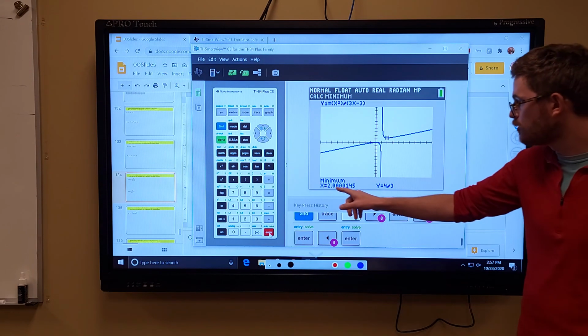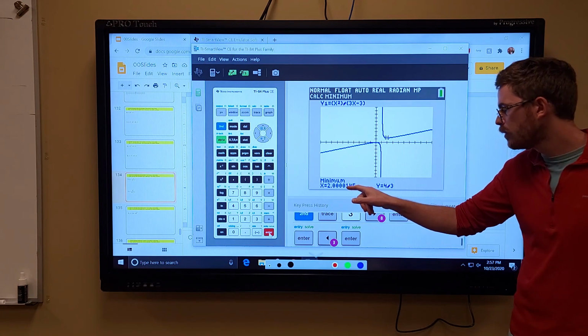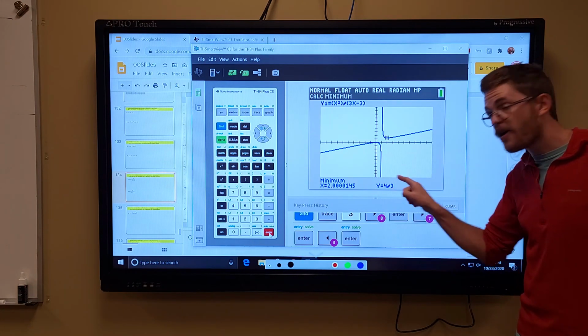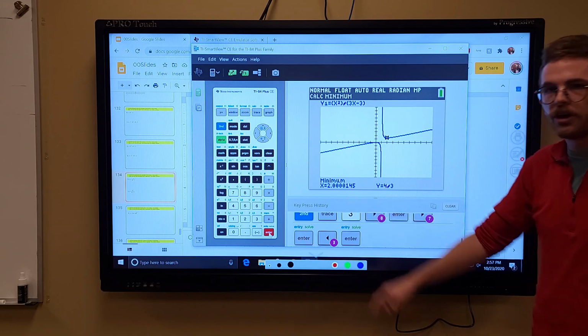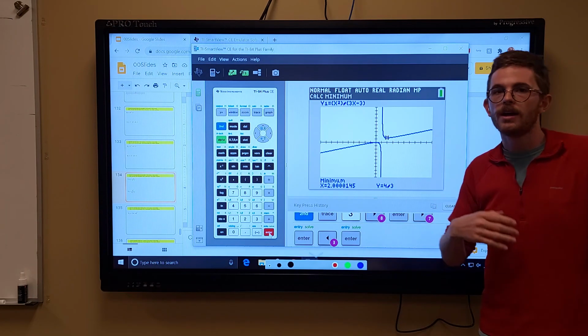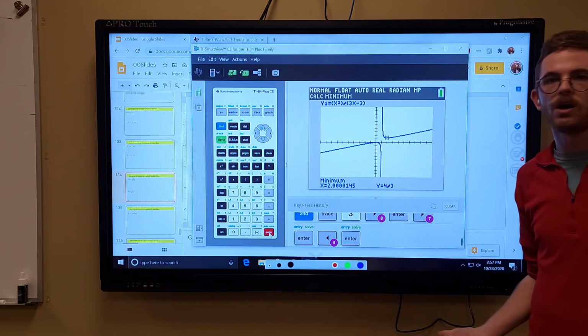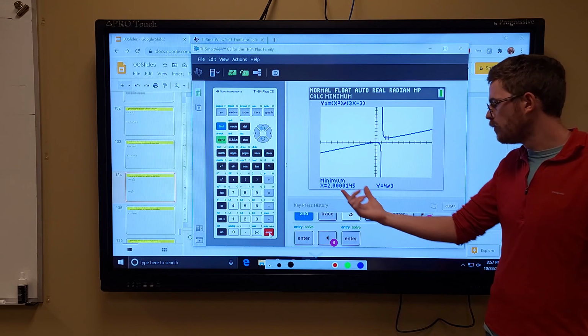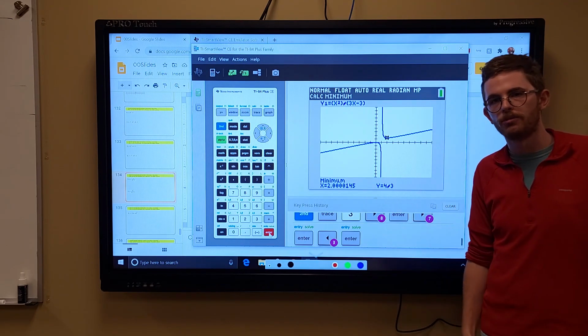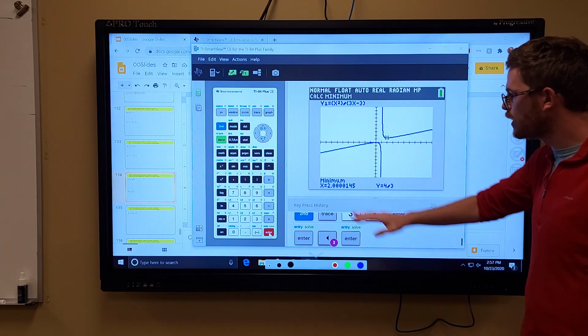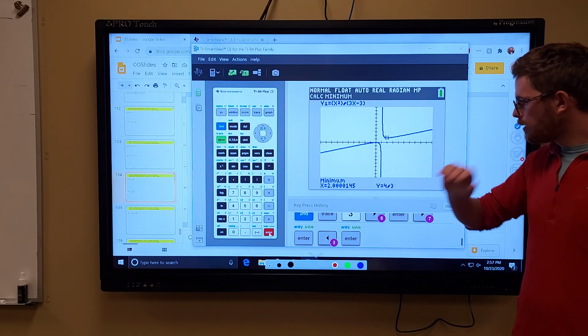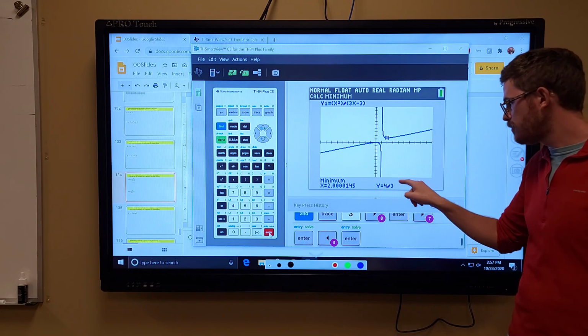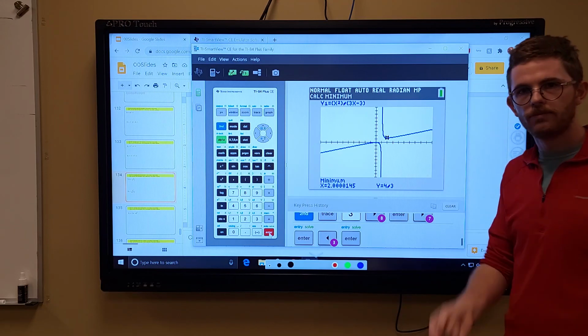All right, notice it says 2.0000145, 4/3. So it's getting really close to that 2. Give the calculator a break. It's not as smart as we are. It's doing a lot of limits behind the scenes. So it got 4/3. I mean, that's nice. All right, there it is.